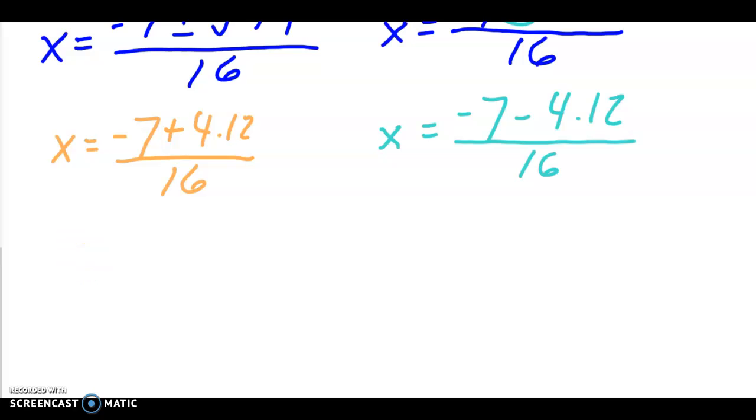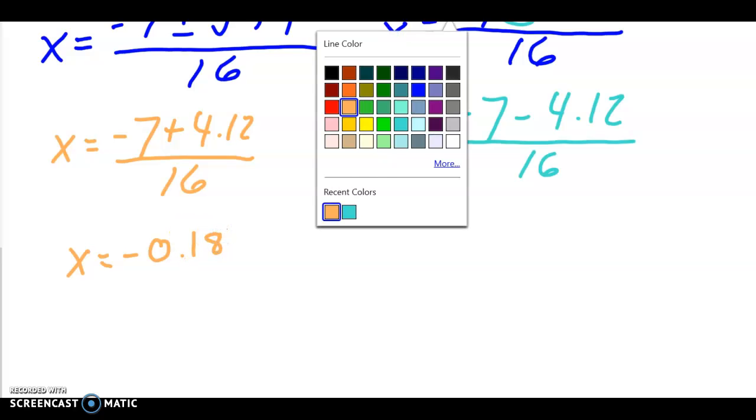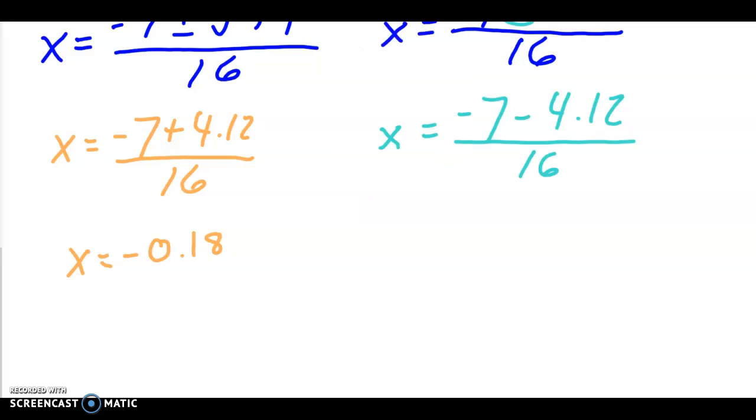I should end up with x is equal to negative 0.18. Remember, rounding to the nearest 100th. And on the other side, when I've got negative 7 minus 4.12 divided by 16, I'm going to end up with x equals, rounded to the nearest 100th, negative 0.7.